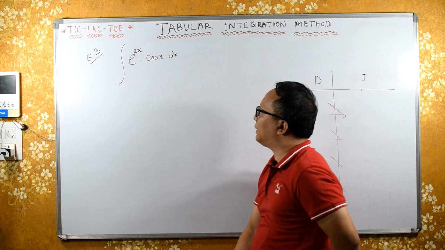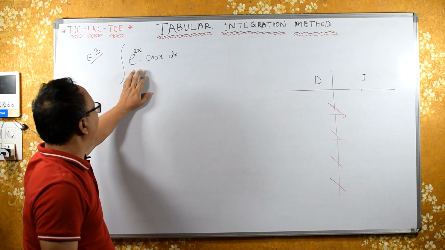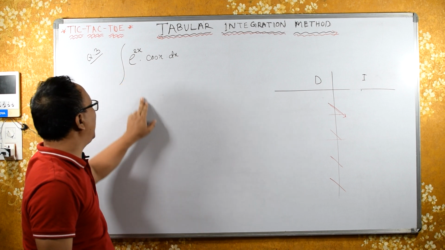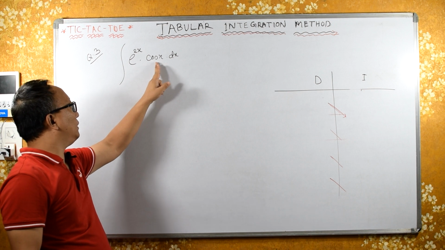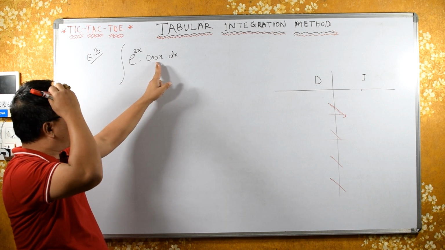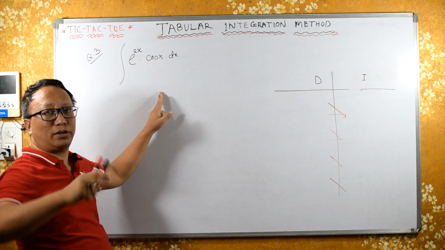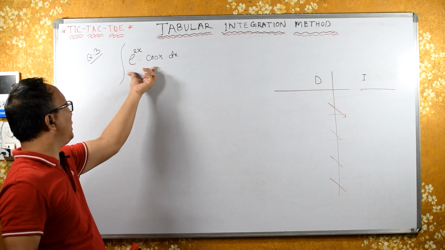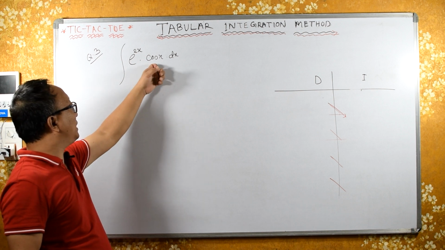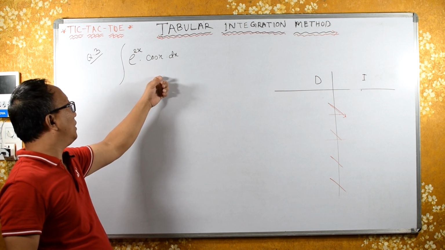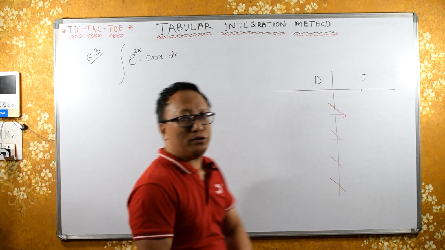The fundamental is this: if you integrate this, it will keep on going, sine cos will go to sine cos. All the terms will keep on repeating. Sine will go to cos, and after that cos will go to sine if you differentiate. In this scenario we have to stop.